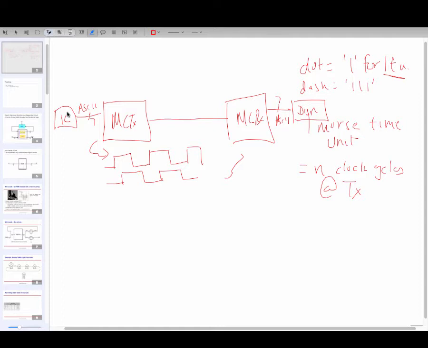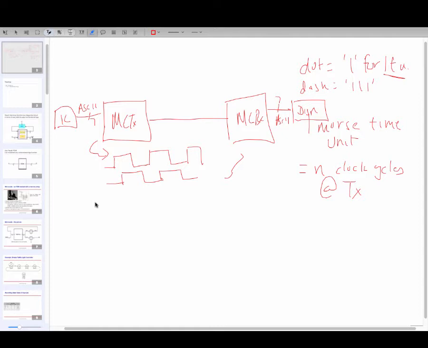So one way you could approach this is that the MCTX, you can think of as a state machine, which on one hand is handshaking with the keyboard, and on the other hand is handshaking with an adaptation of your design homework number 2, which now takes the ASCII character and spits out the 10 bits of Morse code, 5 symbols of 2 bits each.